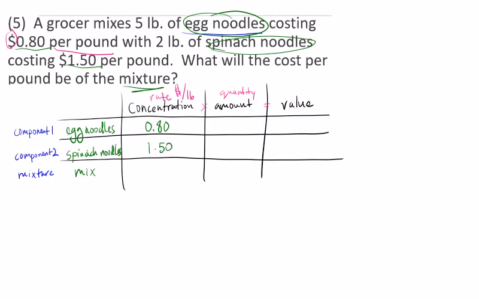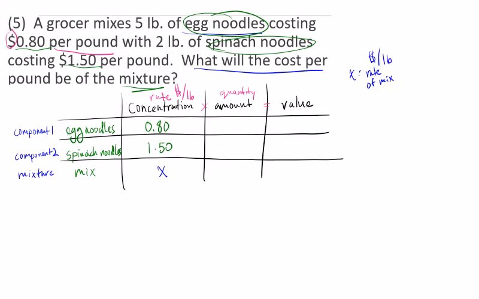All right. So now our mix, that's what they're asking. What will the cost of the mix be, right? So this is our X. So X is the rate of mix, in other words, dollars per pound. All right, and so amount, let's fill those in.